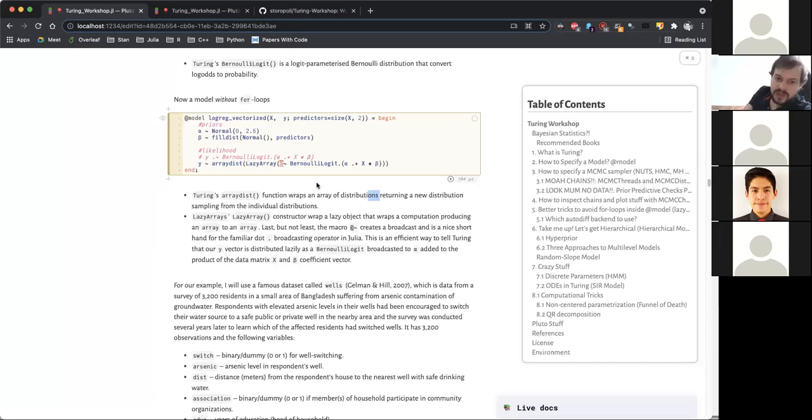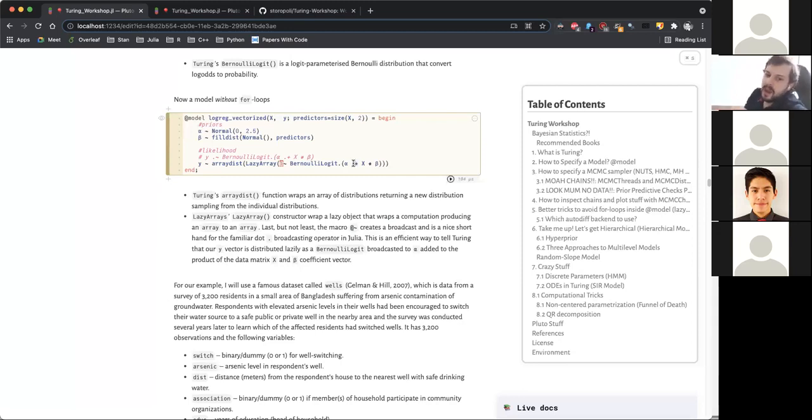And when you use the lazy array, you lazily wrap an object, and you wrap the whole computation using an array to another array, and that's the macro. It creates a lazy broadcast of the Bernoulli logit for all the alphas, and I vectorize a sum here because I'm now using arrays.